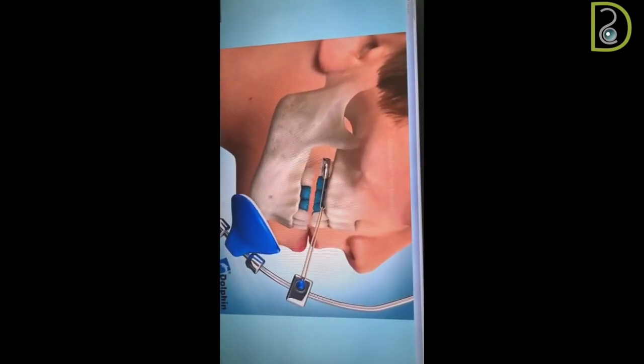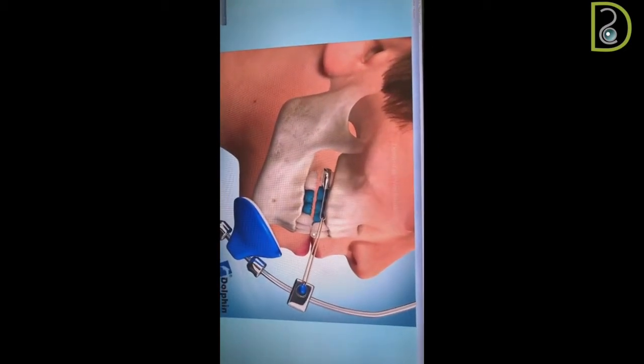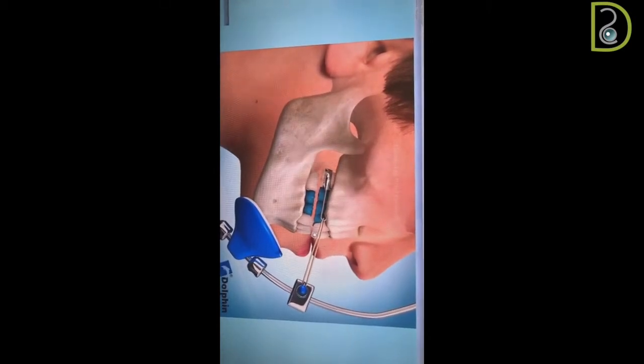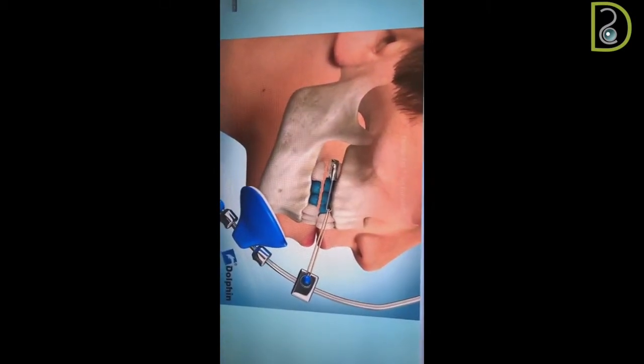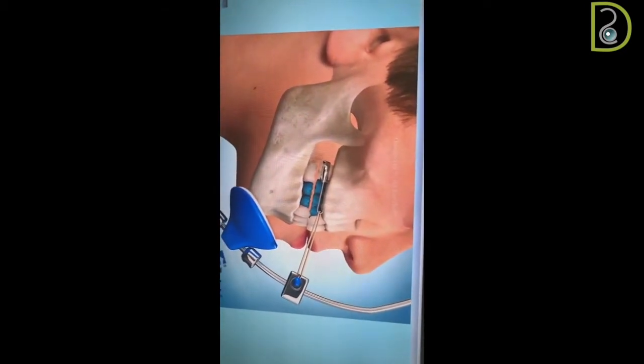So it is always better to overcorrect. For me, class 1 is not enough. I stop when the patient has 5 millimeters of overjet. I want to have a big overjet as an overcorrection.